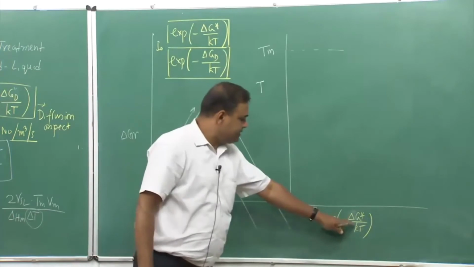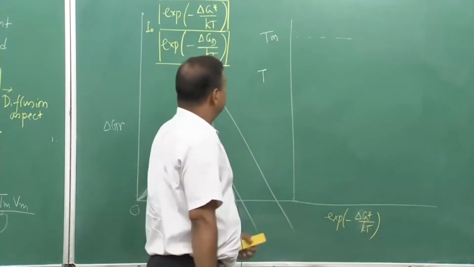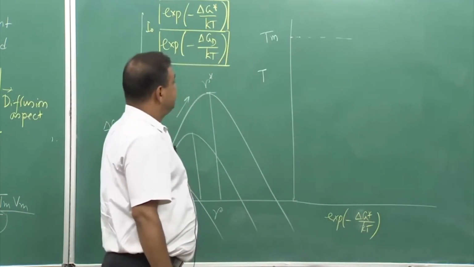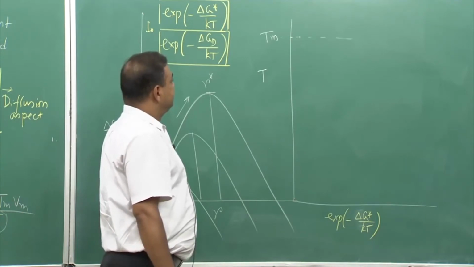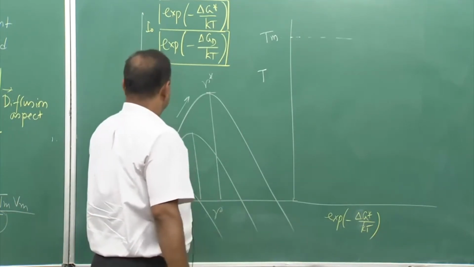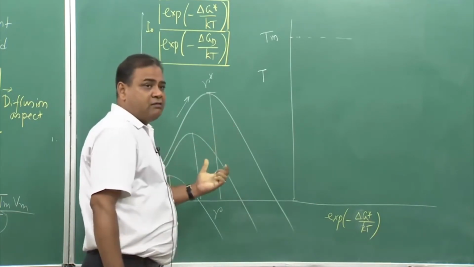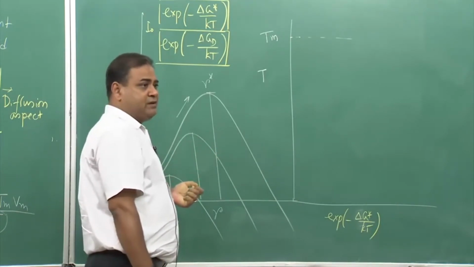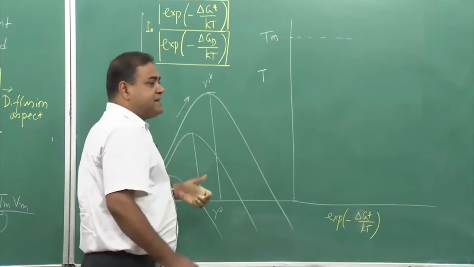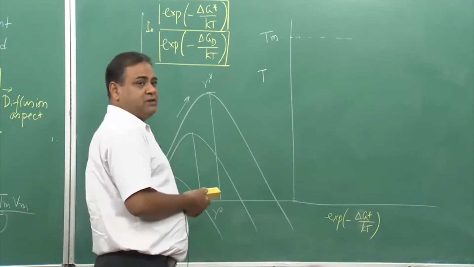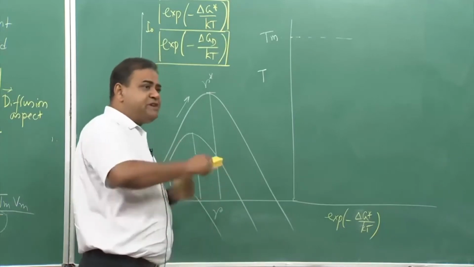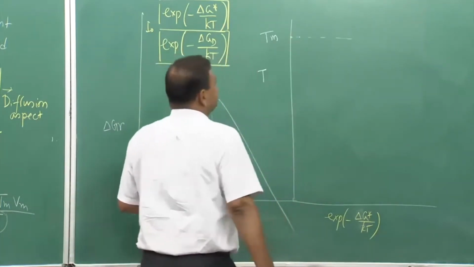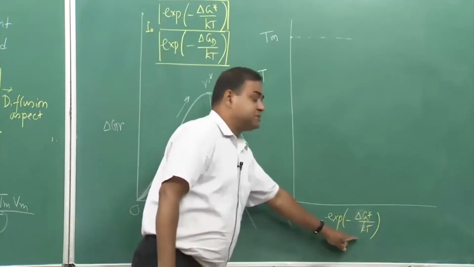Now, at t equal to Tm, would we get any R or the solid? Because at t equal to Tm, I do not have any undercooling. So, in order to get R, it has to be very, very large, which is not possible. So, it cannot go immediately to that particular big R. So, initially there will not be any existence of this particular term.